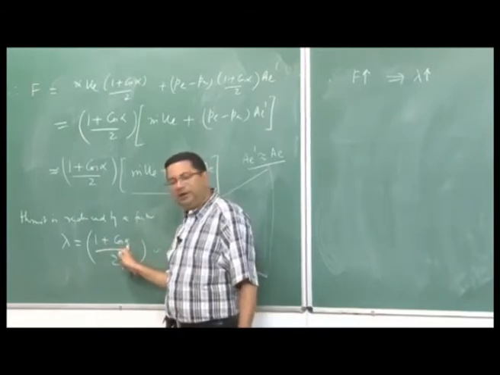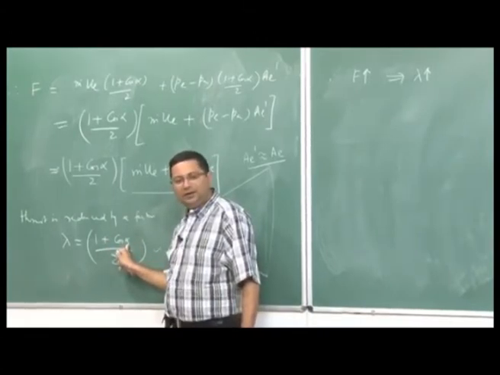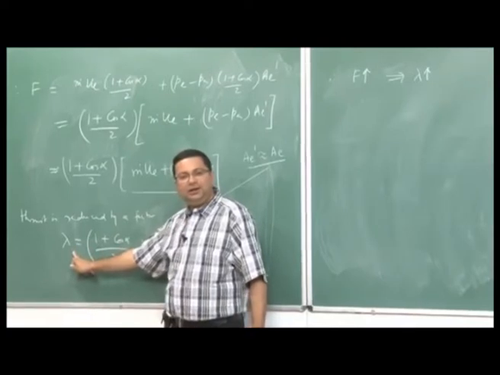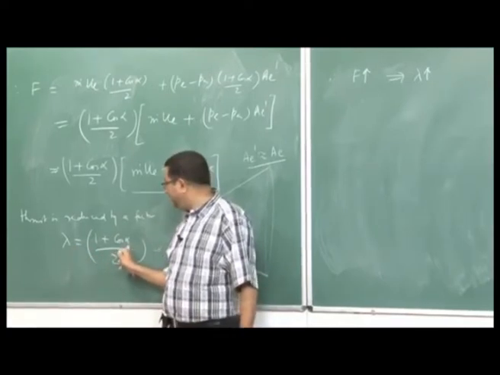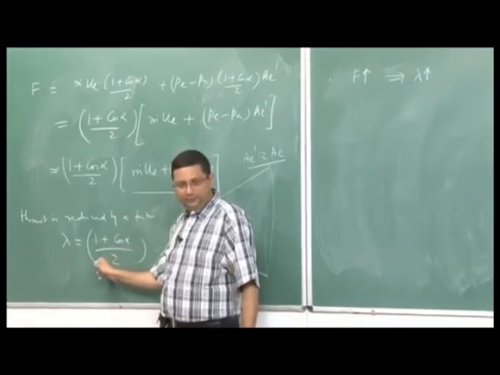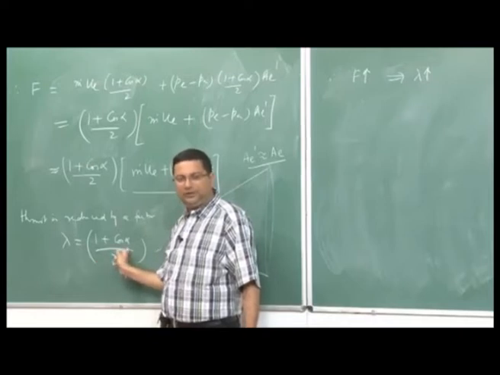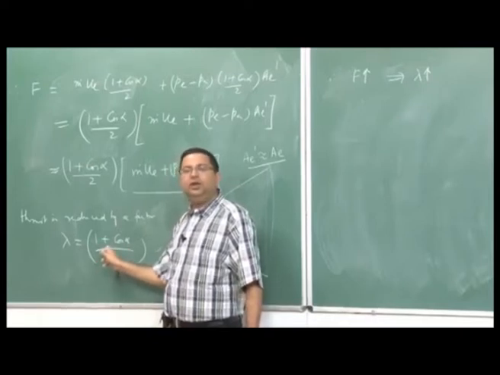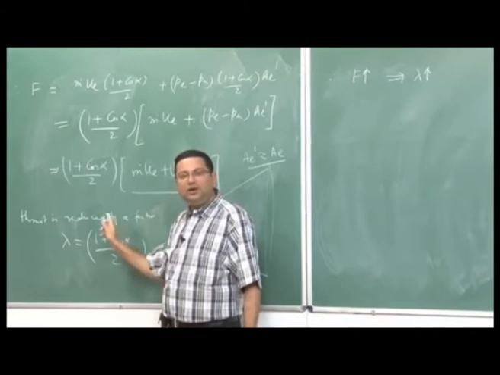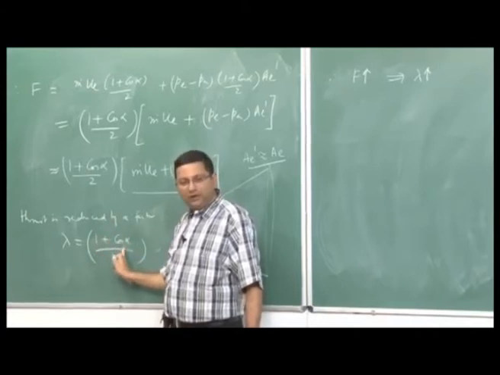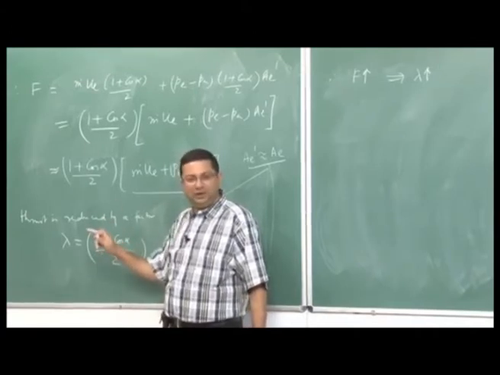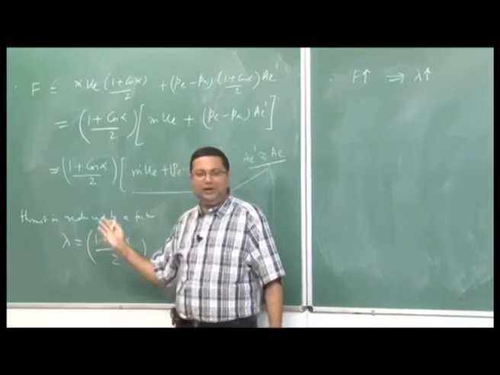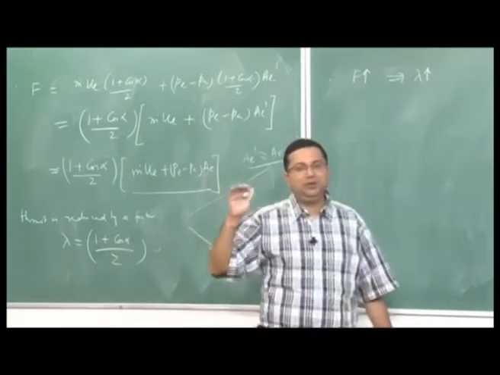Lambda will essentially depend on alpha. In order to increase lambda, what is the minimum value of lambda here? It is going to be half when cos alpha is 0, and it is going to be 1 when cos alpha is 1, and cos alpha is 1 for 0 degrees. So when we are reducing alpha, lambda is going to increase.